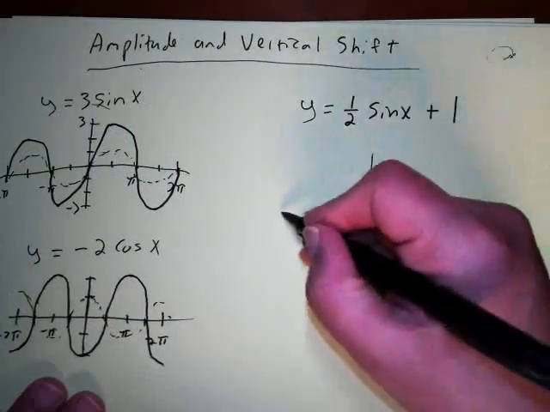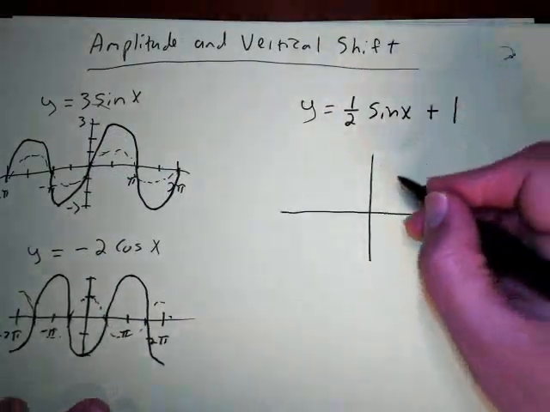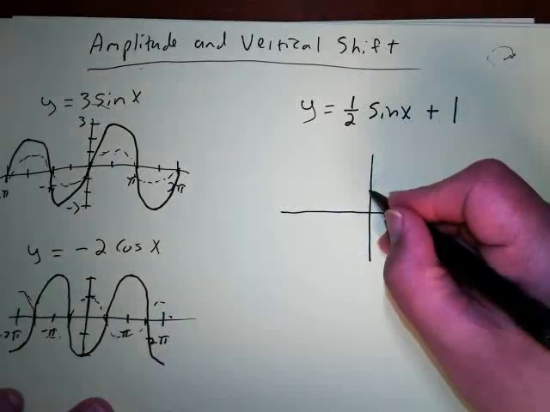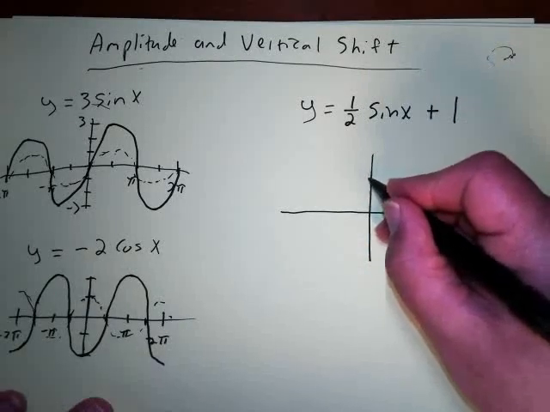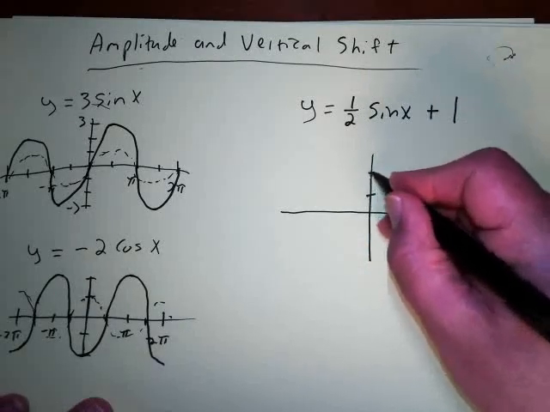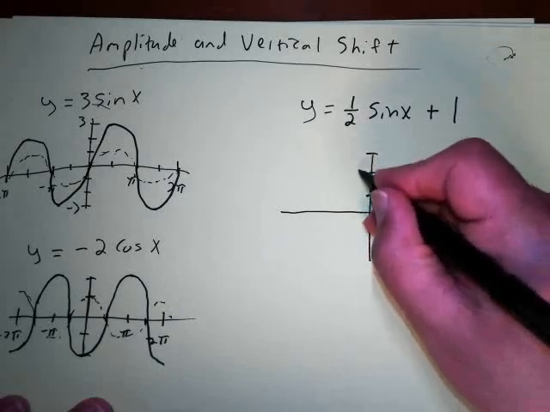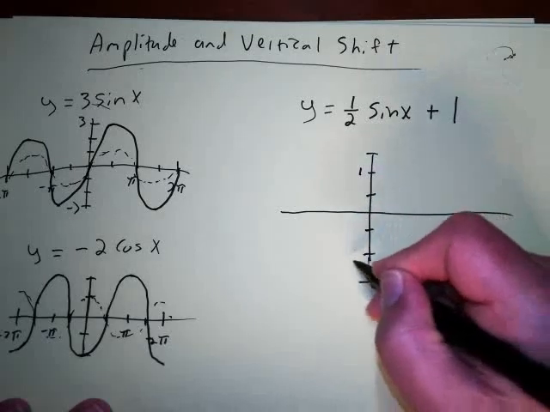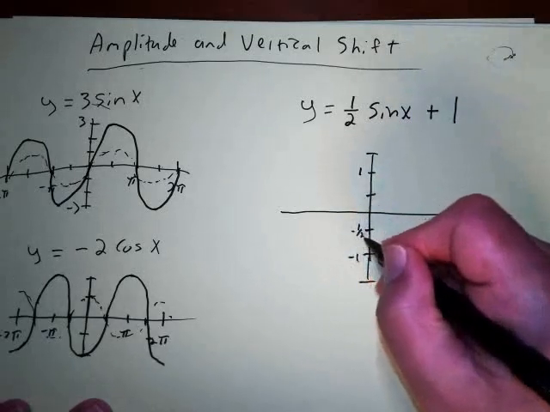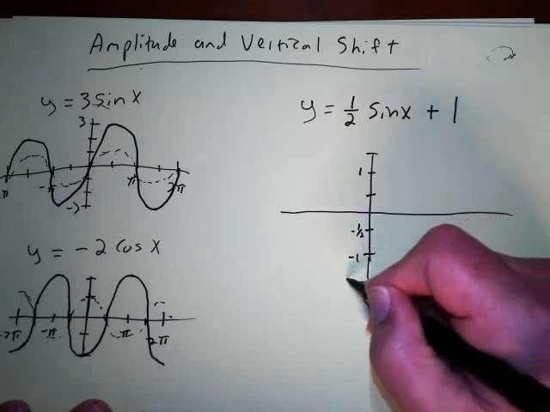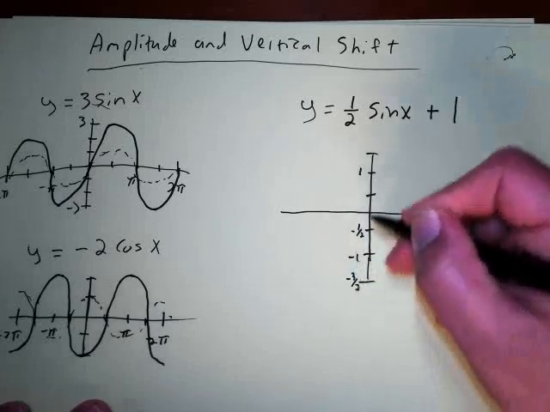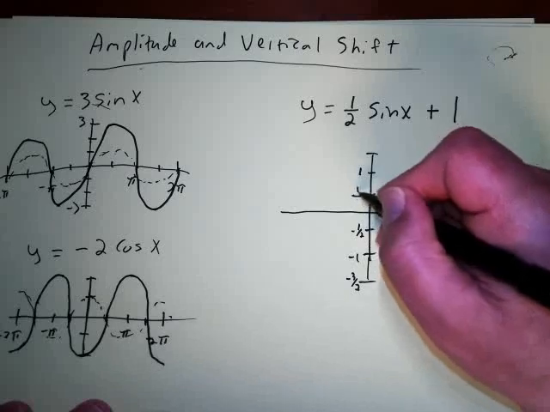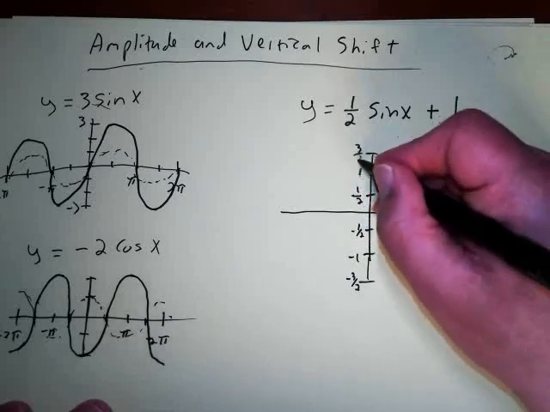Okay, and so here's what's going to happen here. So let's just say this is 1 here, and we'll say that this is -1. So this would be -1/2, and then -3/2, right? And this would be 1/2, and this would be 3/2.